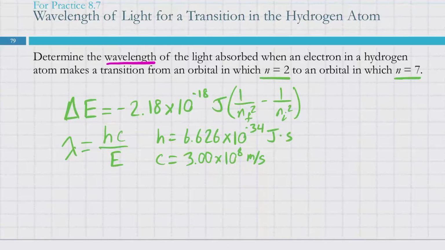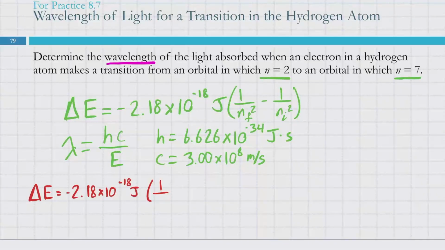Okay, so the place we should be starting here is our n values, n equals 2 and n equals 7, get plugged in for our ni and our nf respectively. So we're going to have our change in energy that we calculate first. It's a negative, this constant, joules, and then 1 over 7 squared.